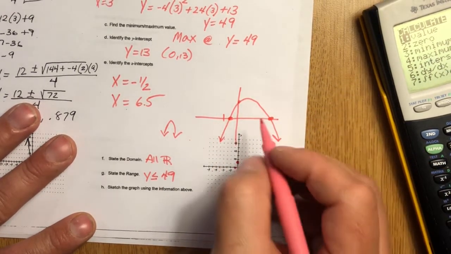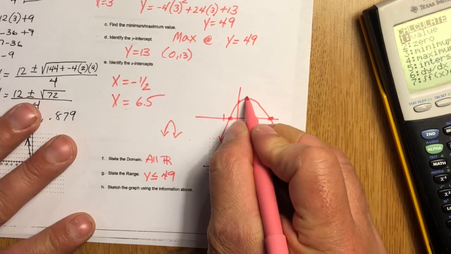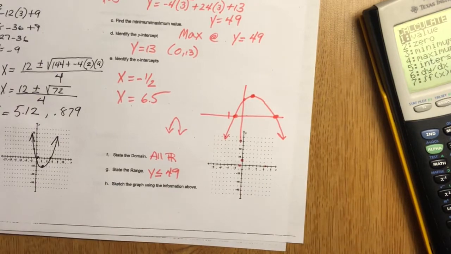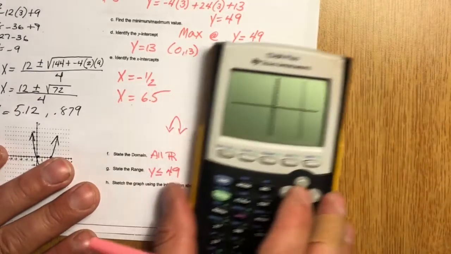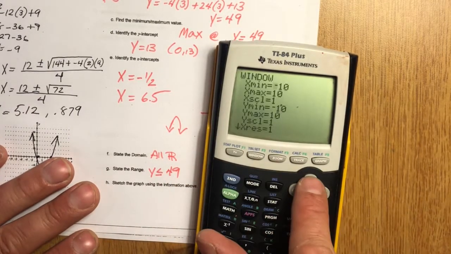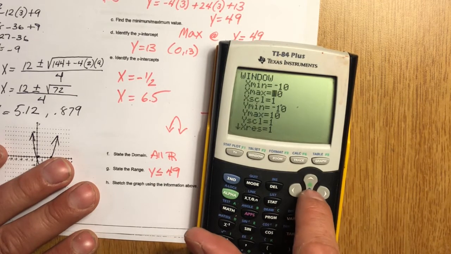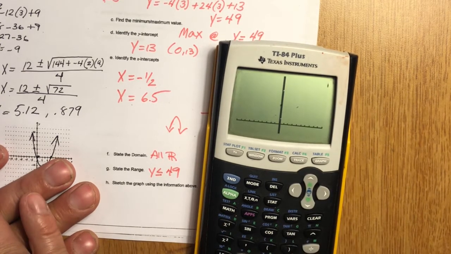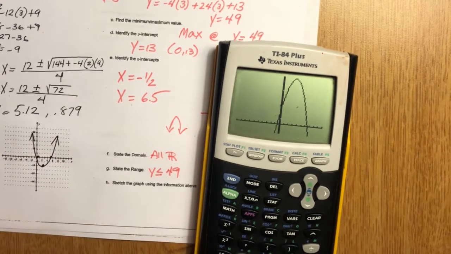And my vertex was way up, we'll just say that's 49. It should look something like that. If I was using my calculator, I'd have to make my y go up to 50, and my graph will look something like that.